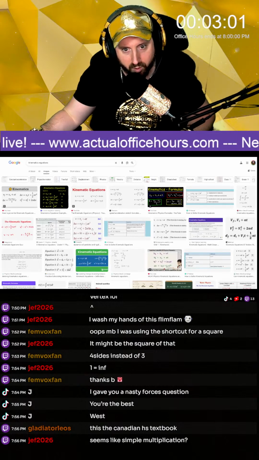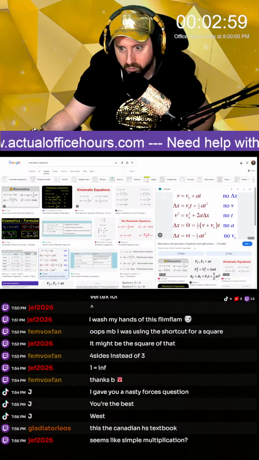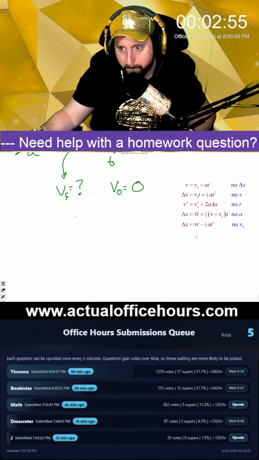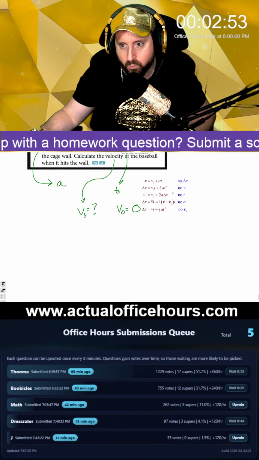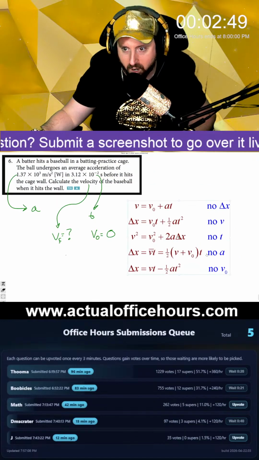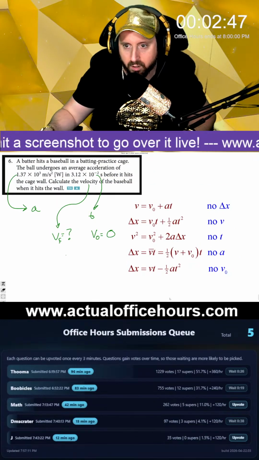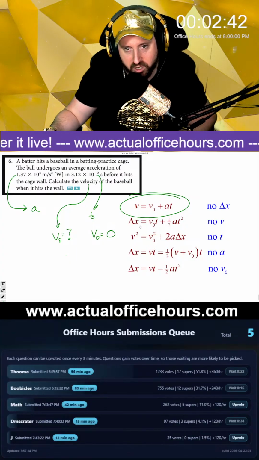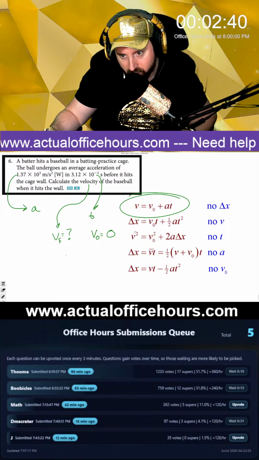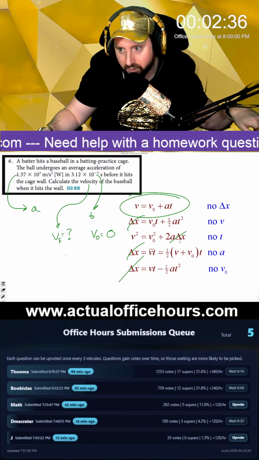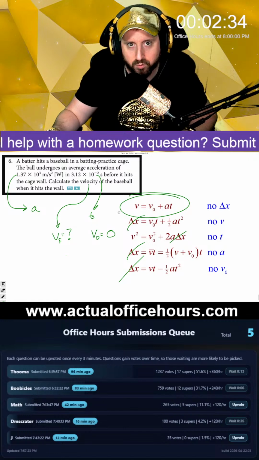I'm too lazy to write them all out, so I'm just going to pull them out right now. So I need one of the equations that has A, T, VF, and V naught in it, right? That's going to be this one. See how this one needed change in position? I don't want to do any of these because I don't have the change in position. So yeah, you want to use this equation.